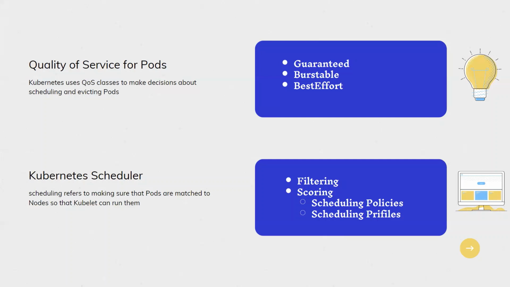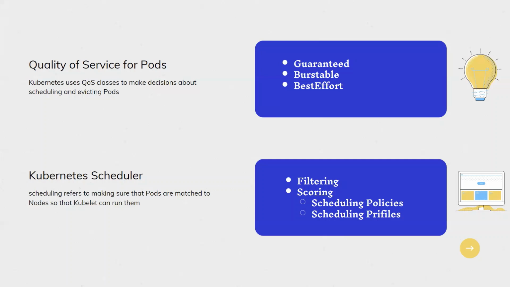So the scheduler makes sure your pods match to a node so that the kubelet can run them, right? We've seen this already in the pod creation section. Once you have a pod scheduled, it will check which available node is there based on the manifest you gave, and based on that, it will assign it.